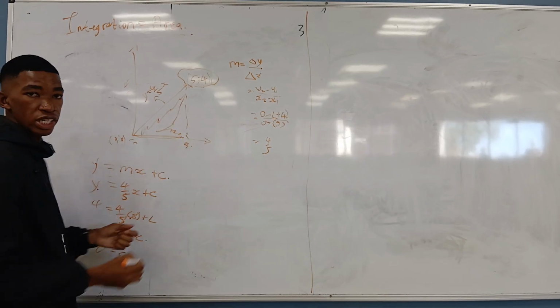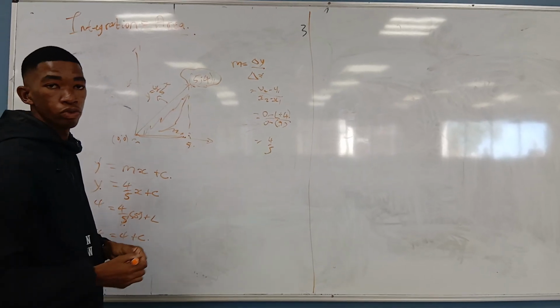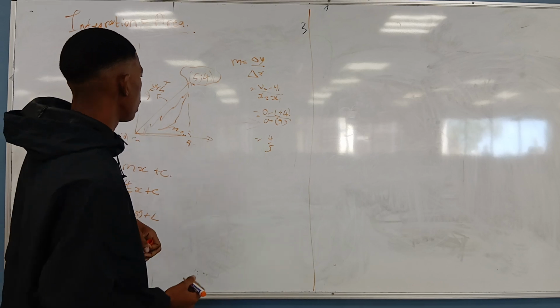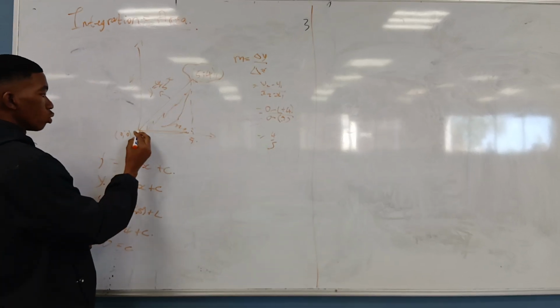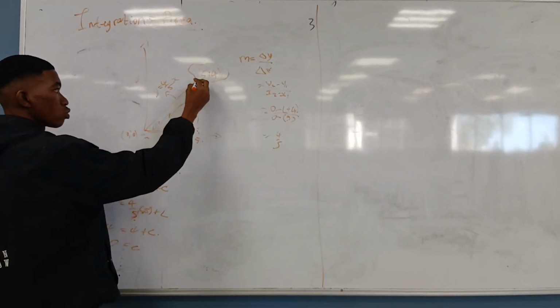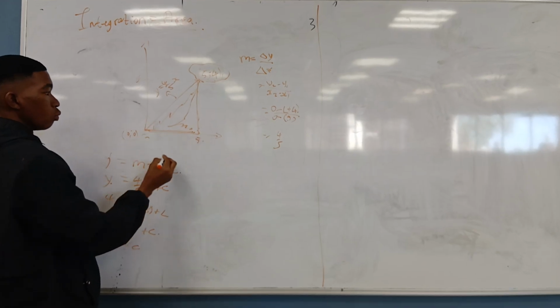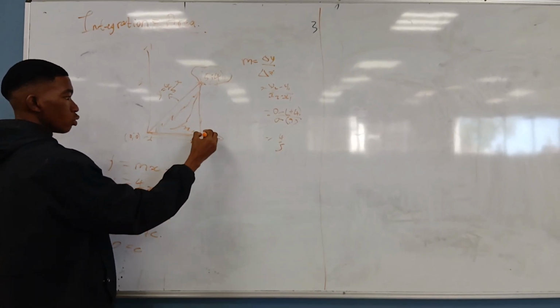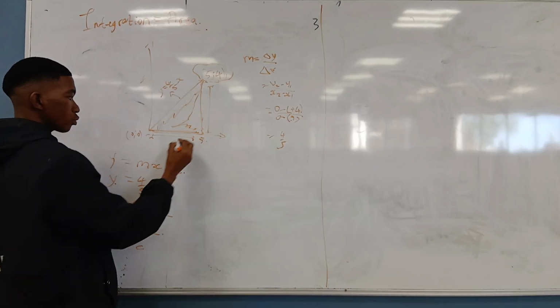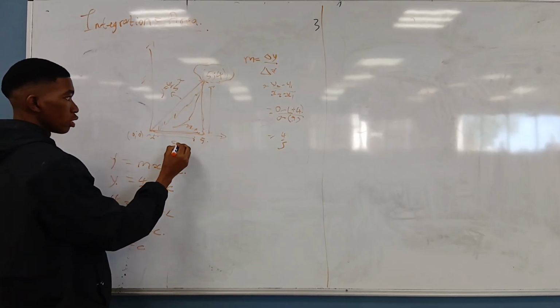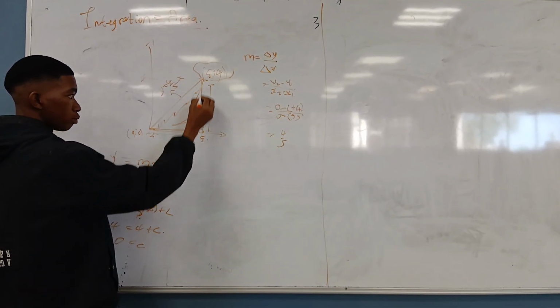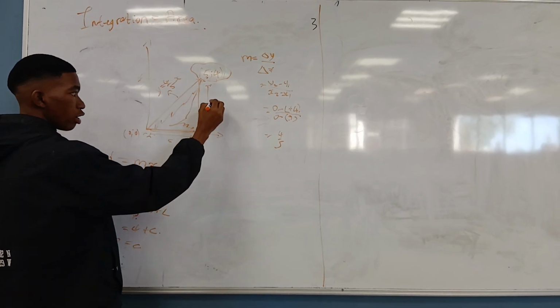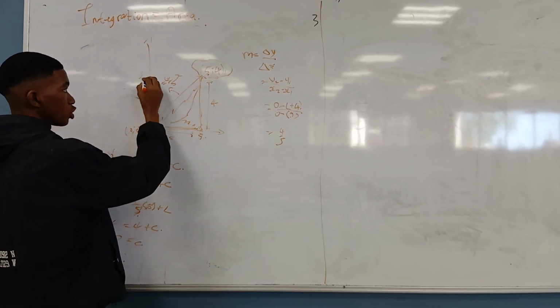First, before we use integration, just to prove that the integration can give us the area underneath the graph. So this triangle, in order for us to find the area of this triangle, we're going to say half base times height. This is going to be our base, and this is going to be our height. Our base is going to be 5 units, because we have 5 here, 5 units, and our height is going to be 4 units.